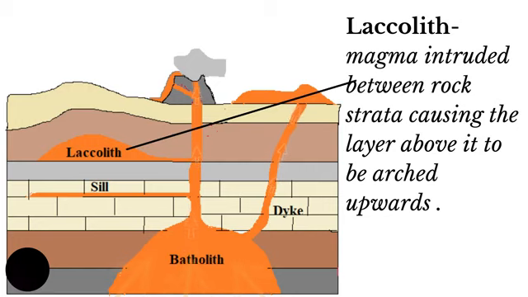So the main difference between the sill and the laccolith is that the sill is a layered structure. It is horizontal in nature. For the laccolith, the feature is arched shape.